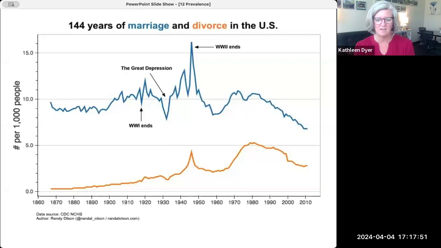It stayed at 9. People were getting married more around 1900. It gets real spiky, kind of crashed in the 1930s where the marriage rate dropped. It went up ridiculously after World War II. We had the very, very high marriage rate right after World War II.